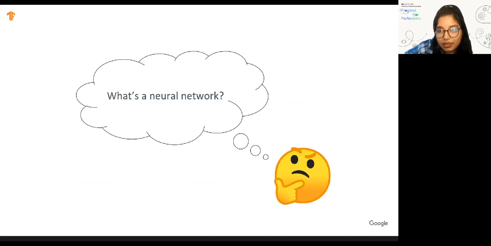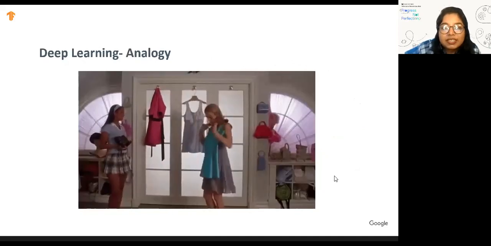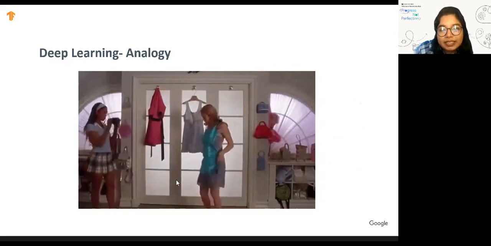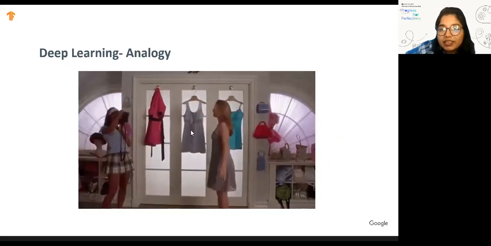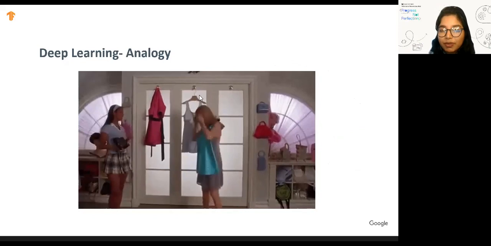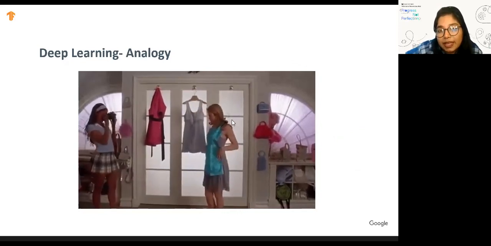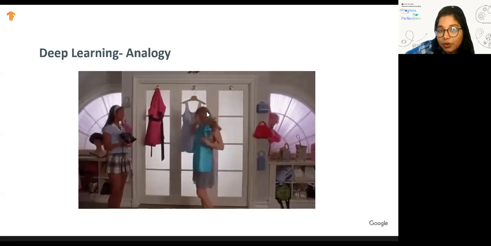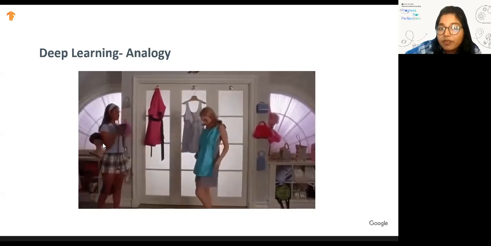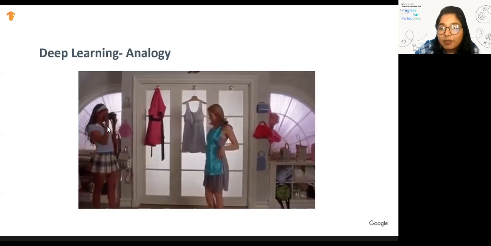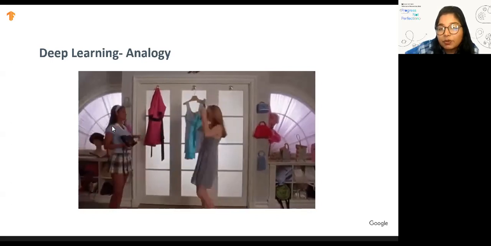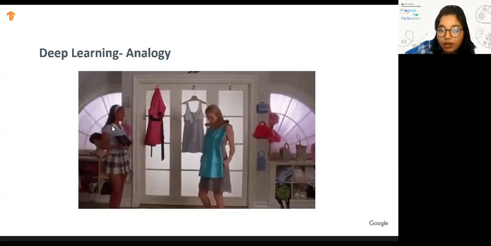In this analogy, you can see a model trying different dresses from her clothes and trying different poses, and the photographer is determining when the pose is perfect to take a photograph.